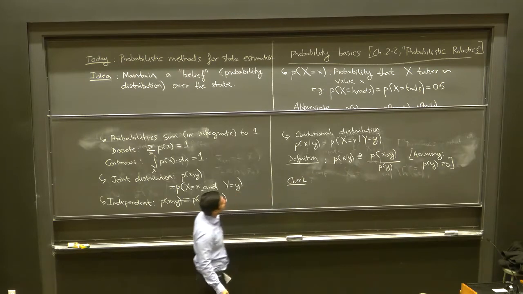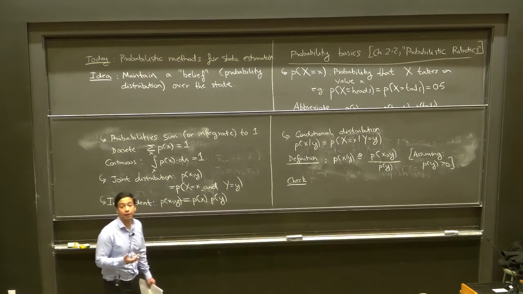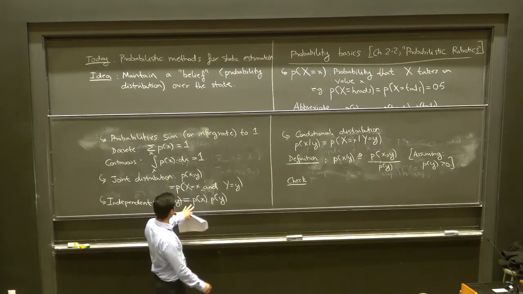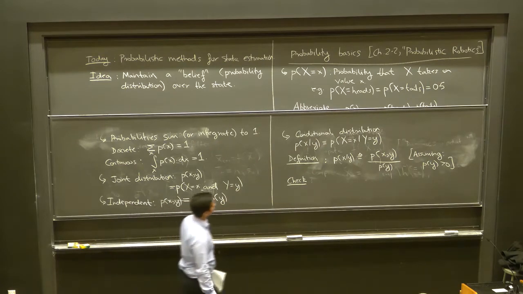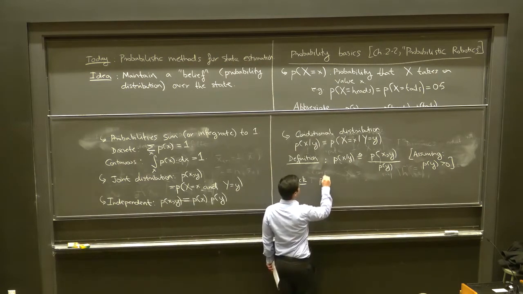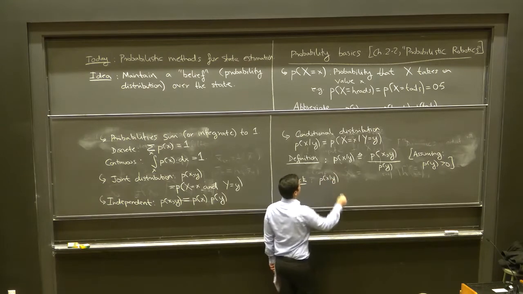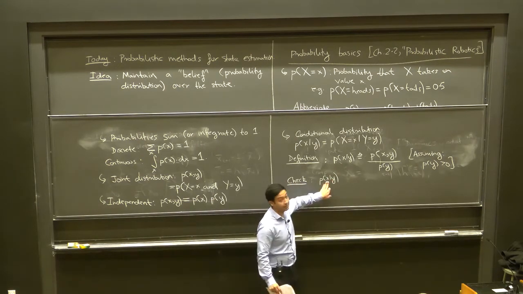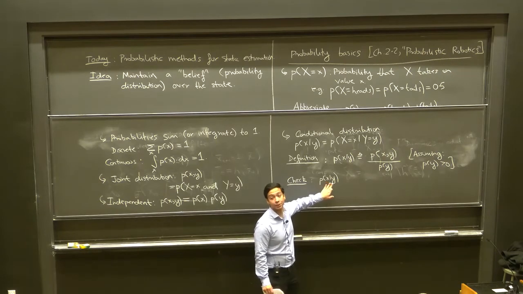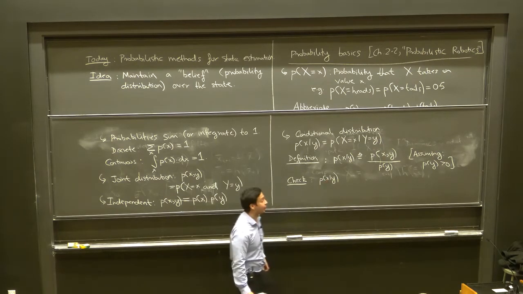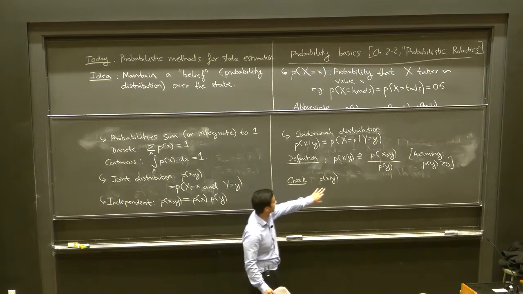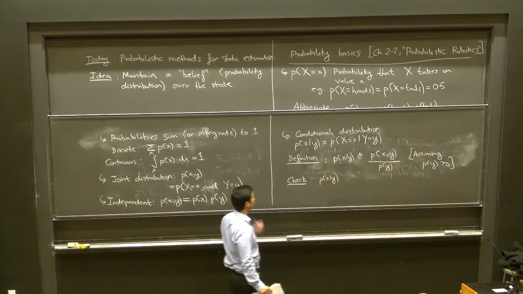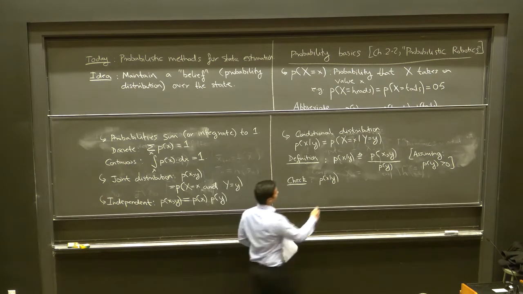And just as a sanity check, we can see what happens if x and y are independent. In that case, the conditional distribution p of x given y, you would expect intuitively, is just equal to p of x, right? So y is not giving you any information about x, so y doesn't inform your probability on x.